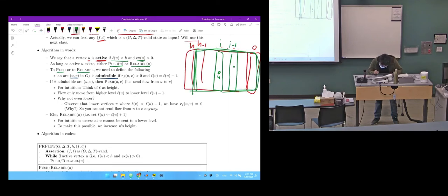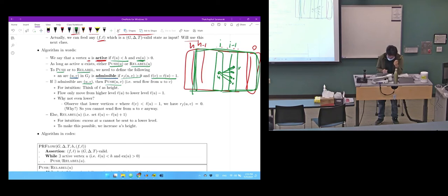You look at the nodes at the lower level, and if there is some node V strictly one level below such that the residual capacity is still more than 0, you can still send flow along it, then you call that edge admissible. So if there is an admissible arc UV, then you push the flow from U to V.